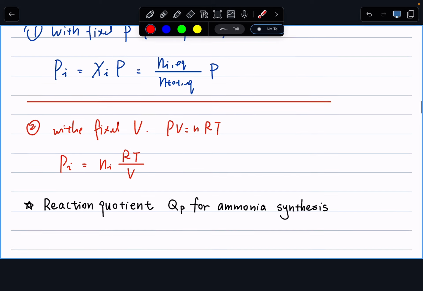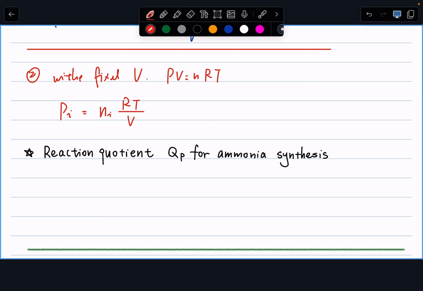And later on, we'll define reaction quotient for ammonia synthesis. I'll give you the definition now, but we'll use it later on. So the definition of reaction quotient is for a random mixture, not necessarily at equilibrium. So that equals to the partial pressure of your products and reactants.